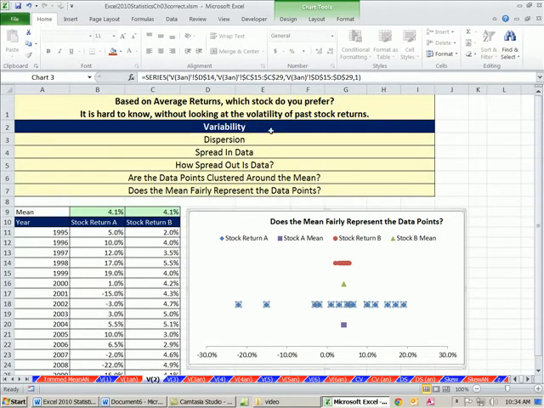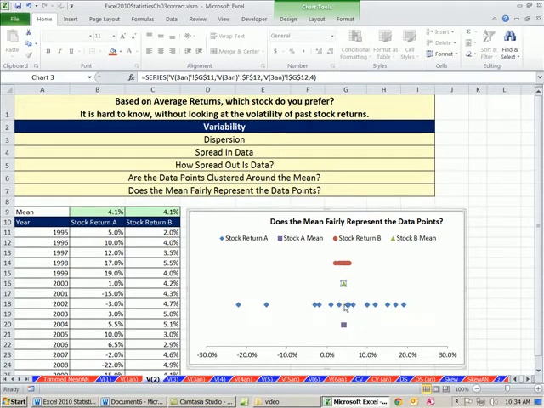Variability, you'll also hear the word dispersion. It's really just: what is the spread in the data? How spread out is the data? An important question that variability answers is, are the data points clustered around the mean? Here's my 4.1. In any given year, I'm not going to have any big losses or big gains, but they're all going to be right around 4.1.